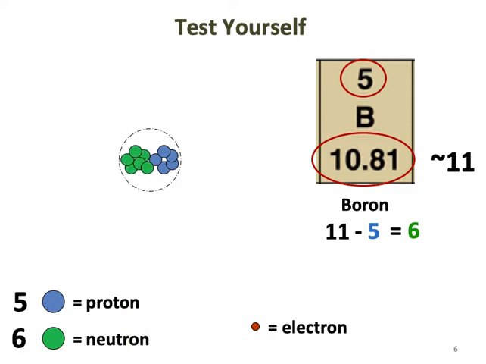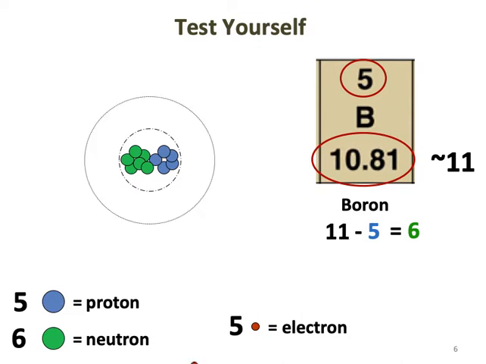So we'll put 6 neutrons in the atomic nucleus. Now, how do we figure out the number of electrons? The number of electrons is equal to the number of protons, which is the same as the atomic number. So there are 5 electrons.